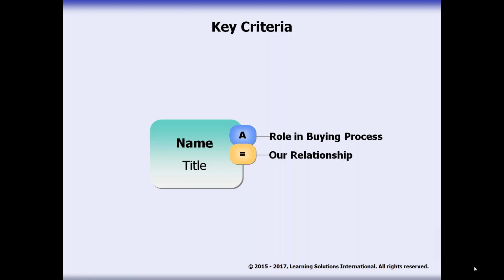And what we're going to do on that map is we're going to put these title blocks. And on the title blocks, we're also going to indicate the role that person has in the buying process, formal role, if any. Secondly, we're going to identify our relationship. In other words, is this person a sponsor? Are they a supporter? Are they neutral? Or maybe are they what we might call an enemy, a sponsor for one of our competitors.